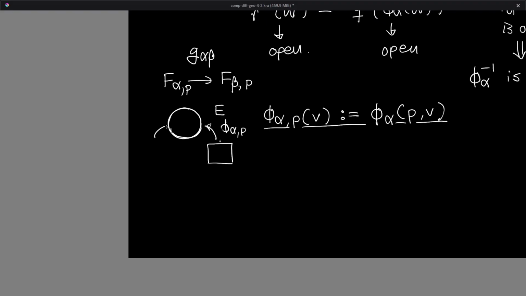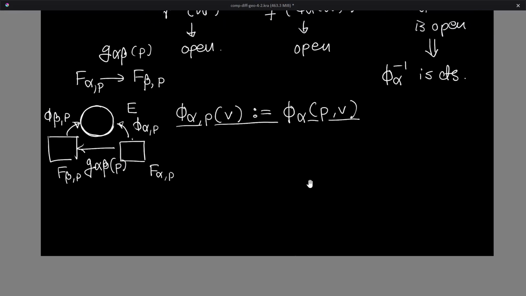So we have a similar one here, phi beta p, where this is f beta p, and this is f alpha p. These are the same space represented in two different coordinates, and we want to talk about this movement here. So this is g alpha beta of p.